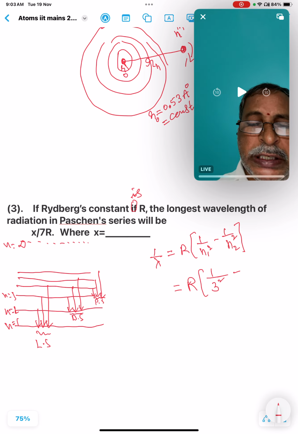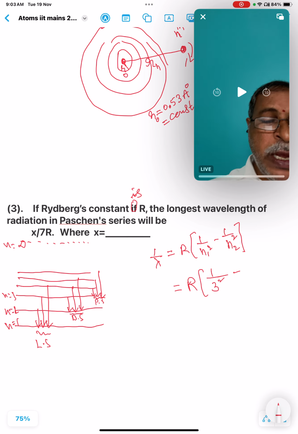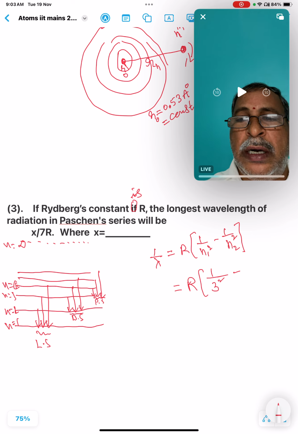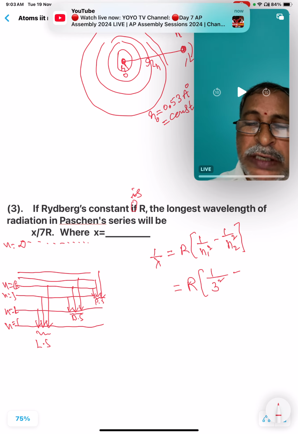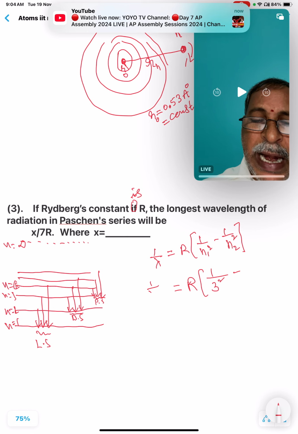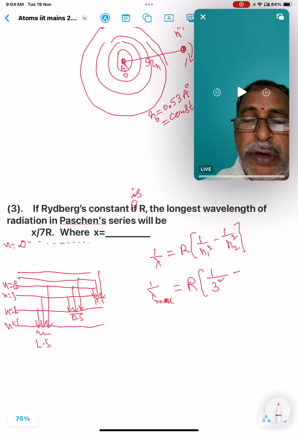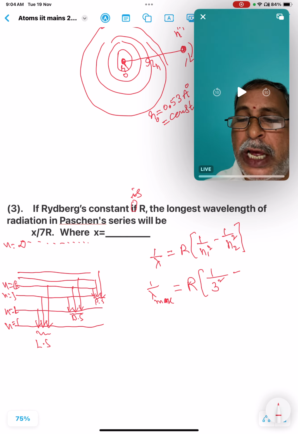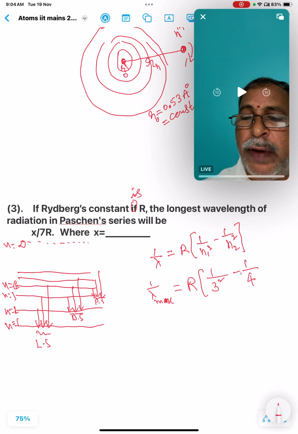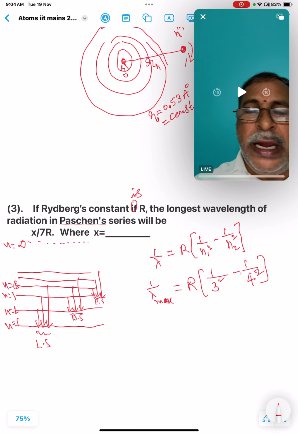If it jumps from n equals 4 orbit, hmm, so longest wavelength we want, that is 1 by lambda maximum. In order to get the longest wavelength, the energy should be smaller, the energy gap should be smaller. That's why the electron is jumping from fourth orbit to third orbit. I am putting 1 by 4 square, the immediate orbit. So we get the smallest energy gap.